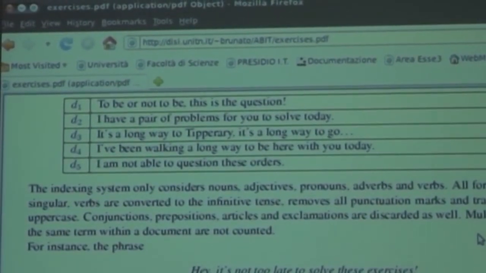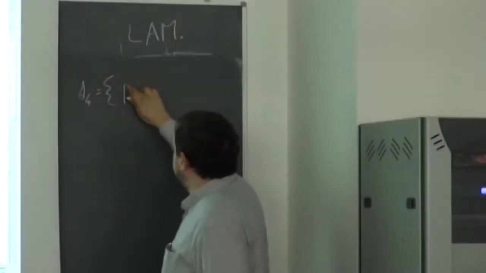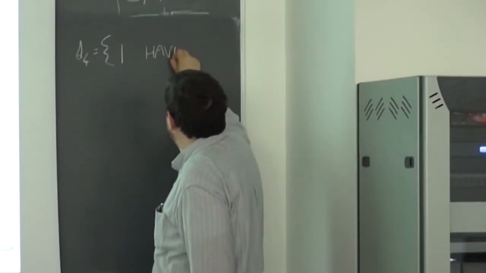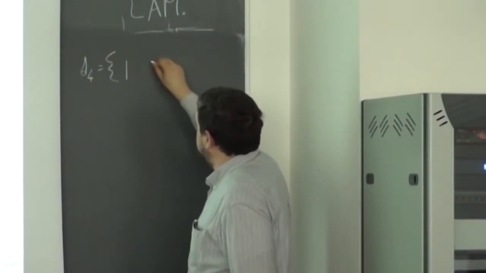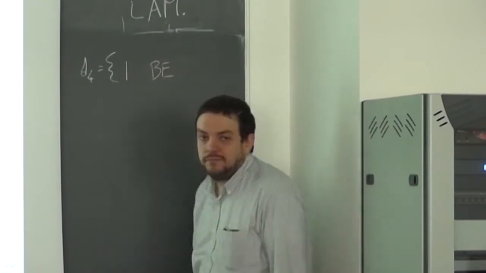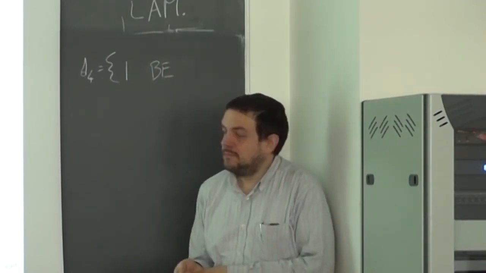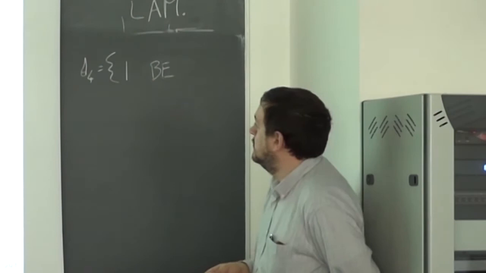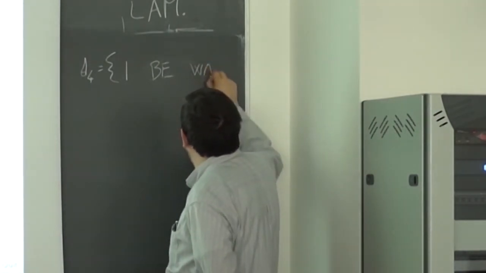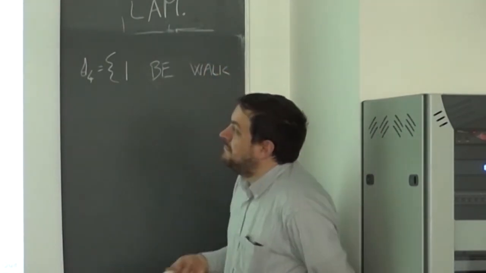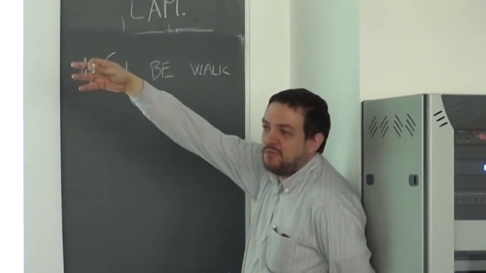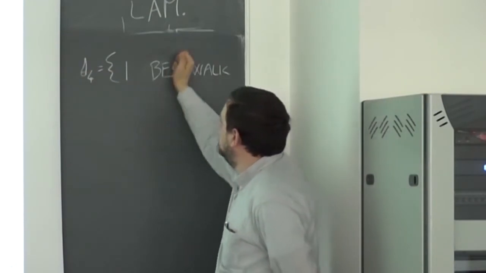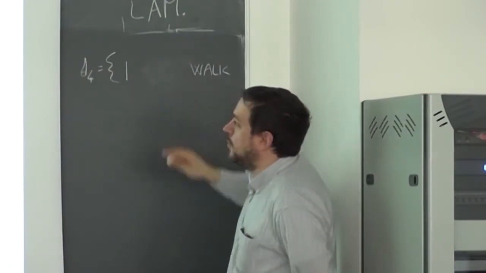Document D4. I have, actually I've been, so actually this is the verb be. Walk. Well, actually this depends. I've been walking actually is a form of the verb to walk, so maybe I could also have written only I and walk.